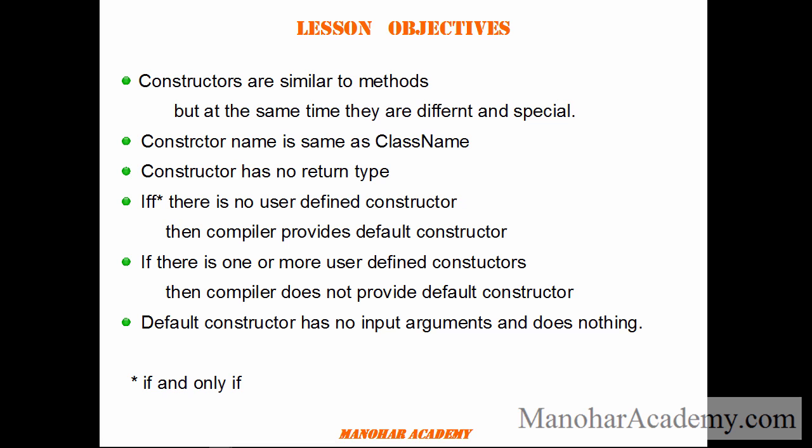I want to highlight a few points here, but I want to show you in a different slide using different pictures. So here we have a class called myDate. It has 3 fields and we did not define any constructor. So when the compiler tries to compile this program, it sees that there is no constructor in this class. So the compiler thinks, okay, this class is very poor and no one will be able to create any objects of this class unless there is a constructor.